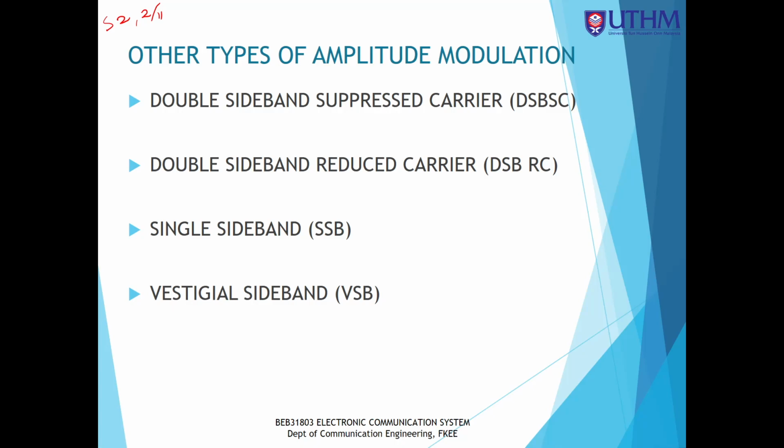There are many other types of AM, which are the AM family members. So we have here the double sideband suppressed carrier. The word suppressed means that we reduce the carrier power completely. And then double sideband reduced carrier, so we reduce the carrier component by a certain percentage.